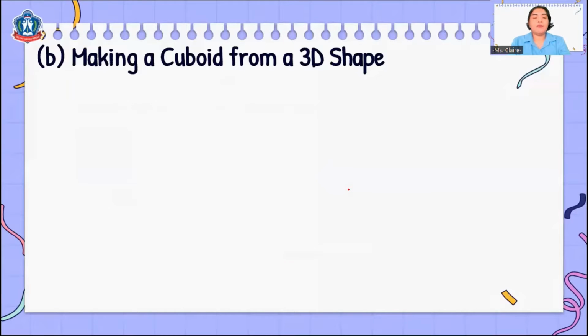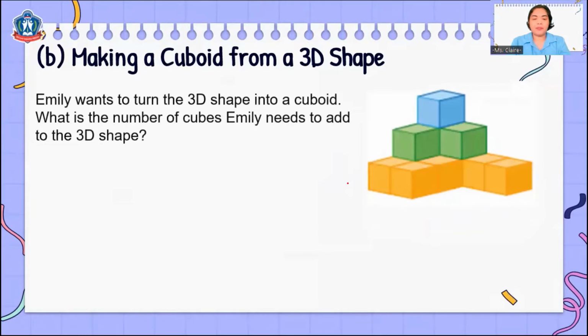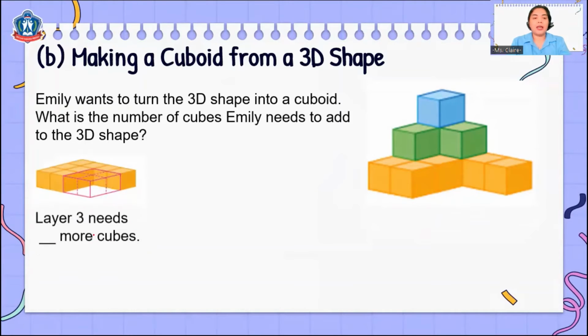Let's continue. How to make a cuboid from a 3D shape. Emily wants to turn this 3D shape into a cuboid. What is the number of cubes Emily needs to add to the 3D shape? Take a look. Layer 3 needs how many more cubes?